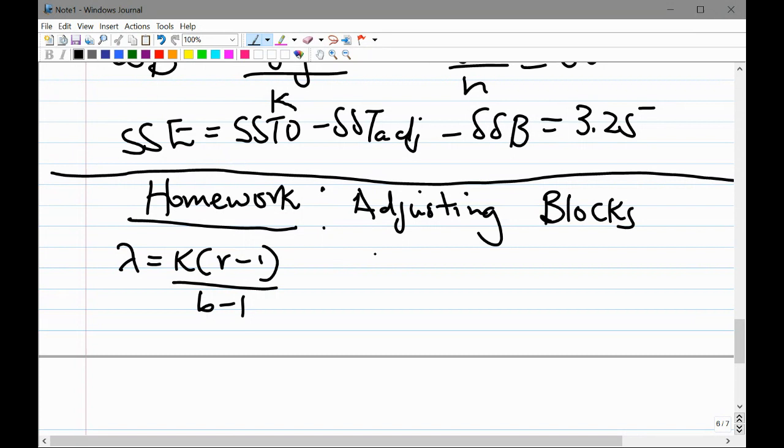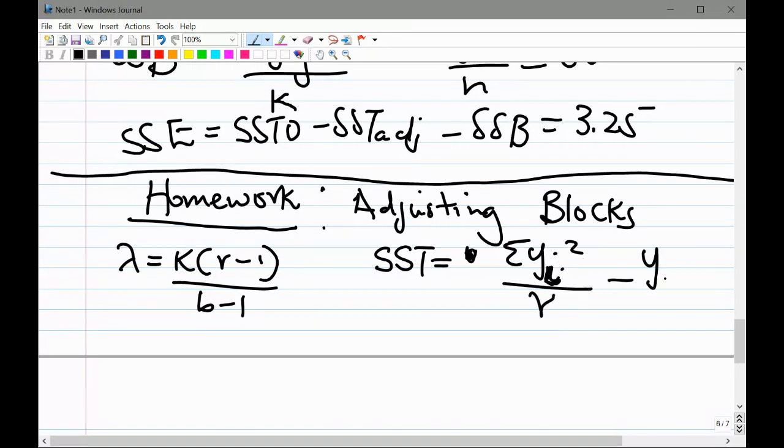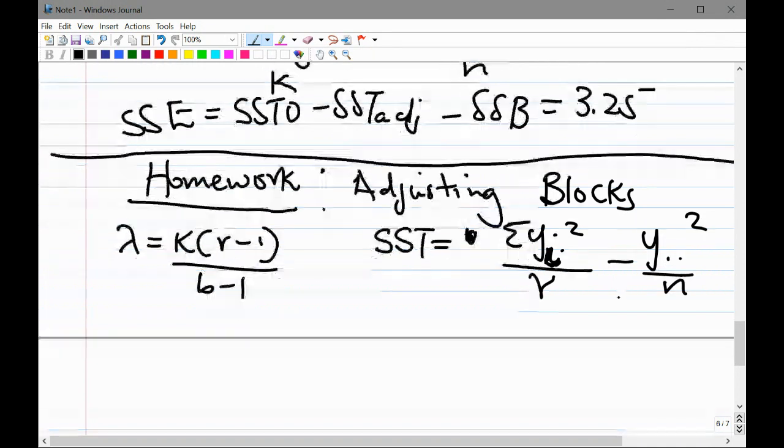Now it means SST, you're not adjusting the treatment, isn't it? So the formula for the treatment will be the summation of y squared minus y dot dot squared divided by n.